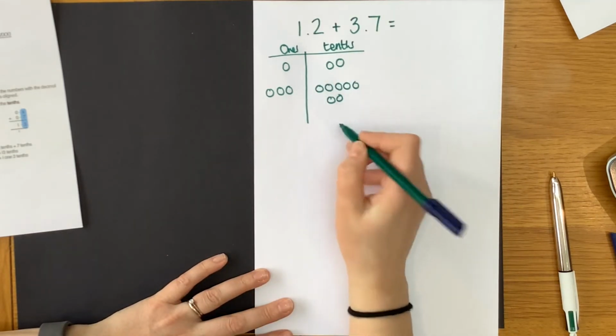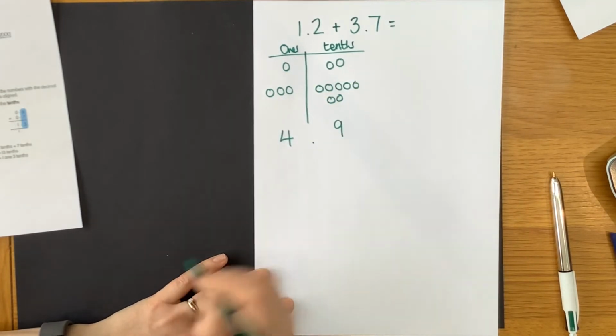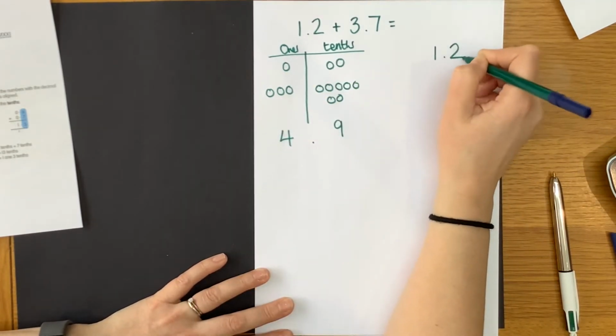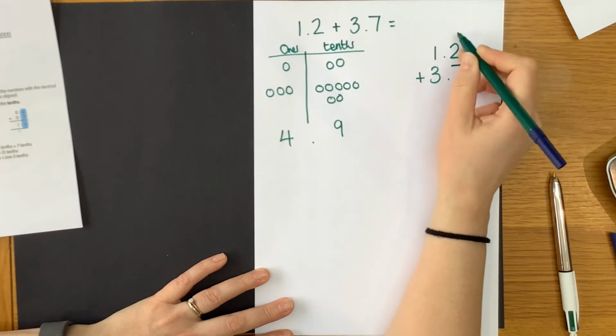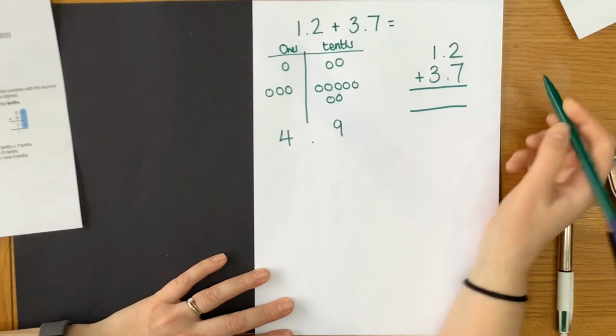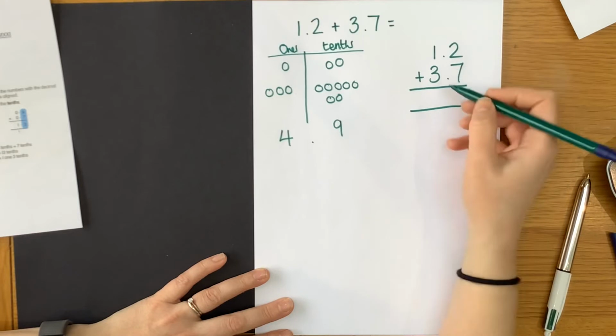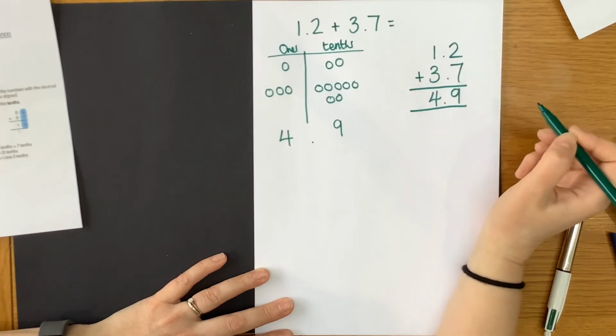I've got 9 tenths altogether and 4 ones altogether, giving me 4.9. Just to show you the abstract method, making sure I line up my ones and my tenths and of course the decimal point. And then exactly the same way, I've got 2 tenths add 7 tenths is 9 tenths. 1 add 3 is 4, giving me 4.9.